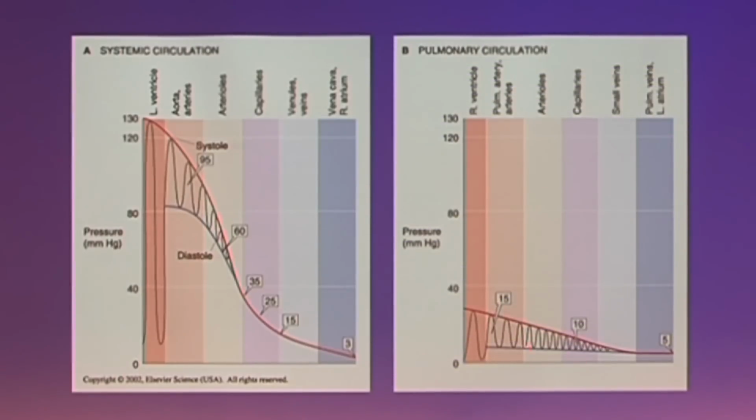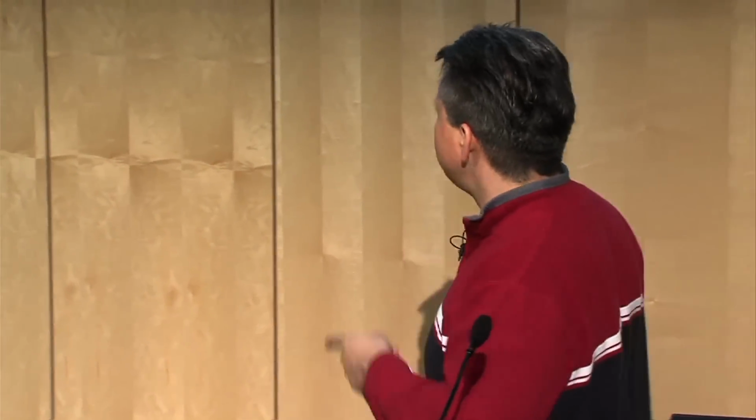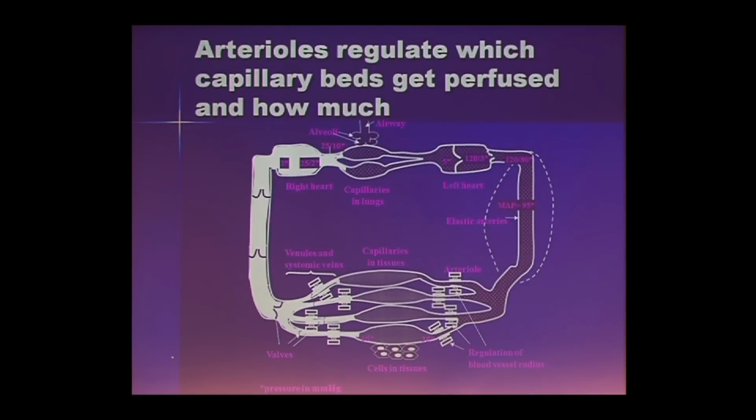This is the same figure just for the lungs. You can see the pressures in the lungs are much smaller, and oscillations last even through the capillaries. So the lungs are an entirely different beast, although for most practical purposes, very similar to the systemic circulation. So arterioles regulate which capillary beds get perfused and how much.